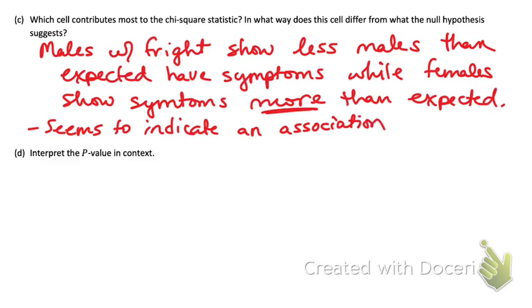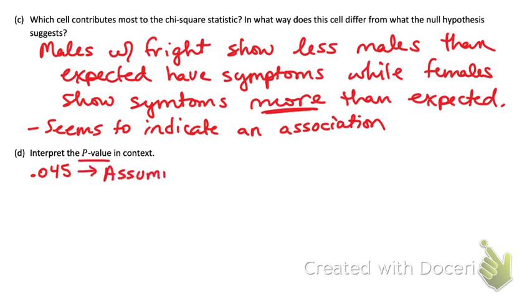Kind of seems like we got something going on here. But is it sampling variability, or is there really an association? Let's look at the p-value. What is the p-value, by the way? 0.045.